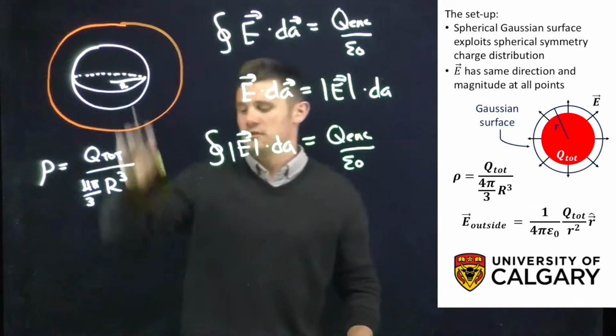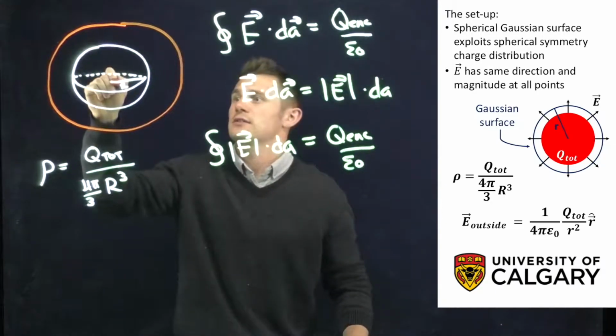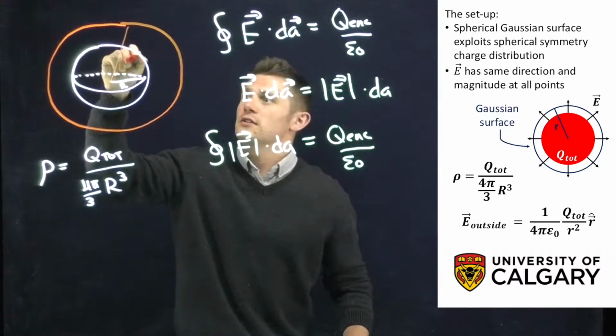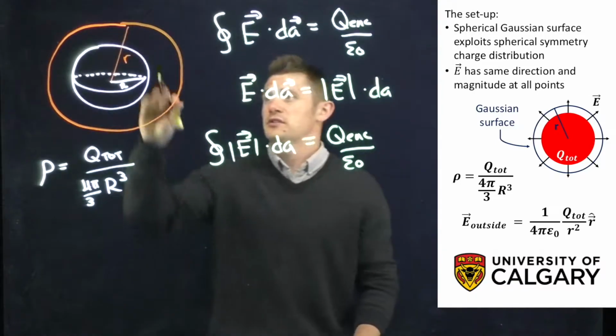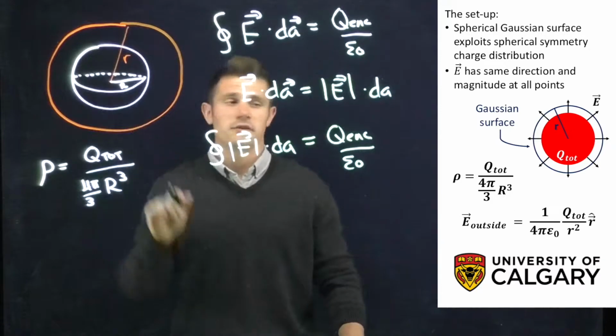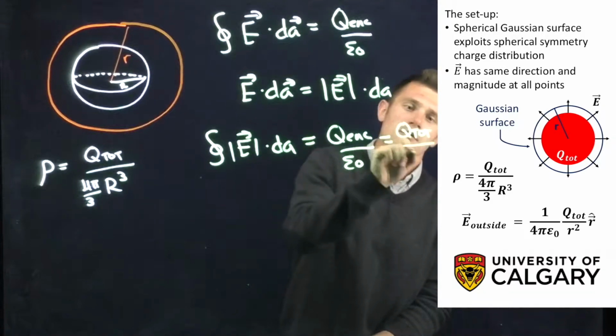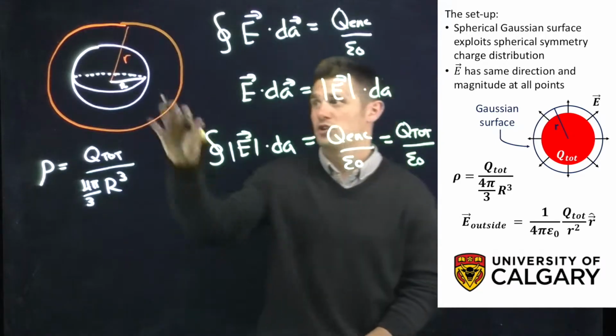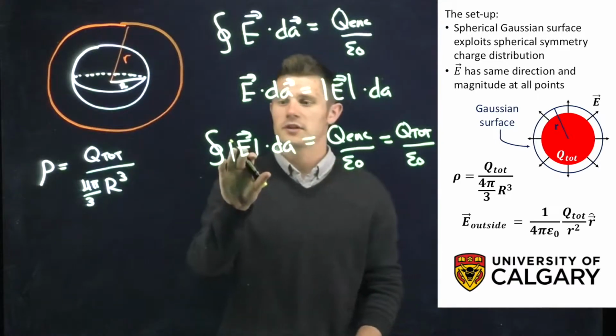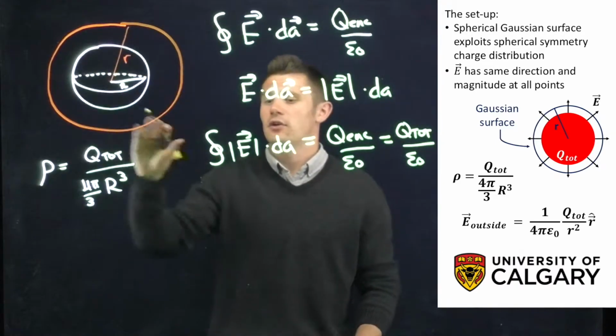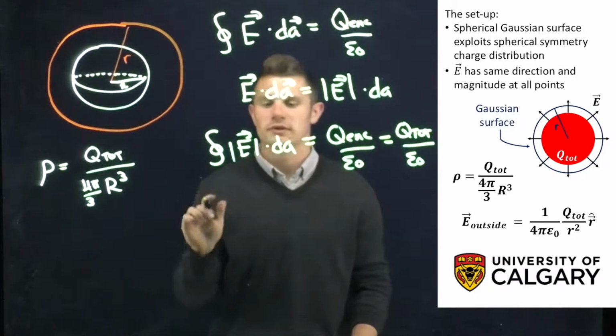We'll say our Gaussian surface has radius little r, and because it fully encloses the sphere of charge, Q enclosed is simply Q total, the total charge on the sphere. The electric field will be constant in magnitude at all points around our Gaussian surface, so we can pull it outside the integral.